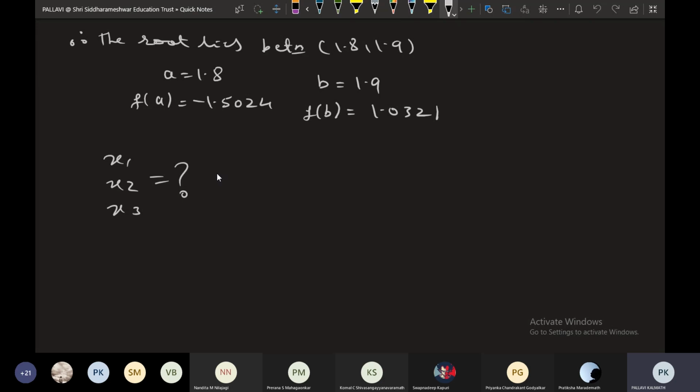So verify x1. x1 is equal to 1.8593. Write down. x2 is 1.8612 and x3 is 1.8612.